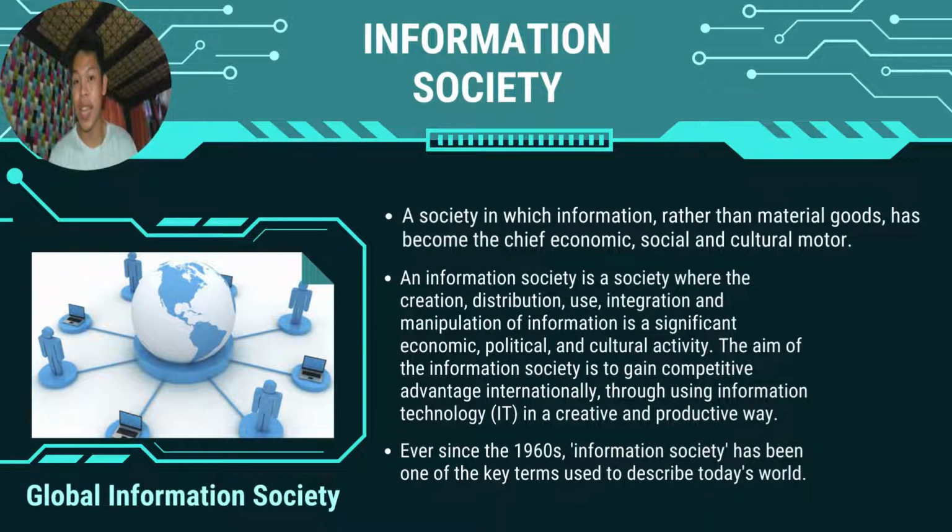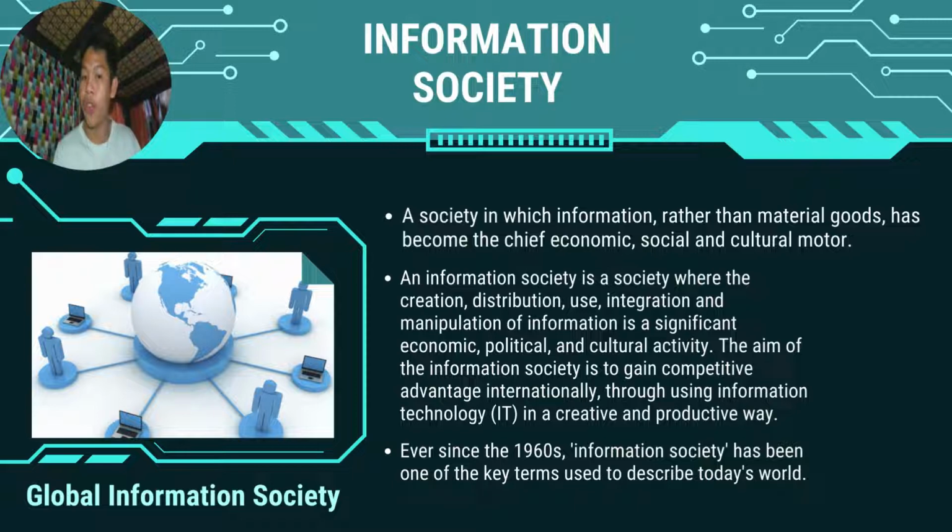So the information society is a society in which information rather than material goods has become the chief economic, social, and cultural motor. An information society is a society where the creation, distribution, use, integration, and manipulation of information is a significant economic, political, and cultural activity.